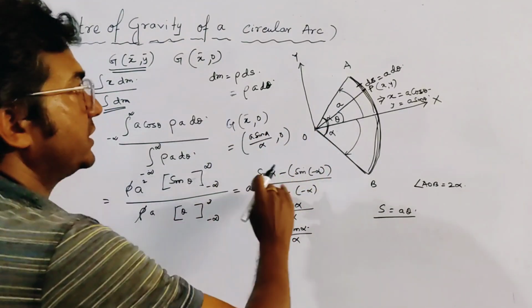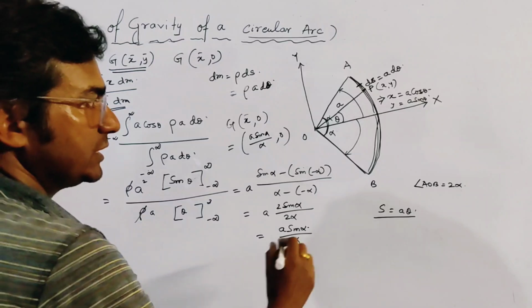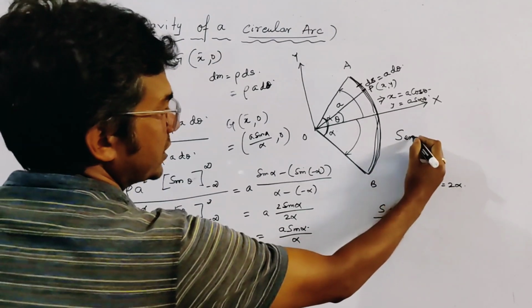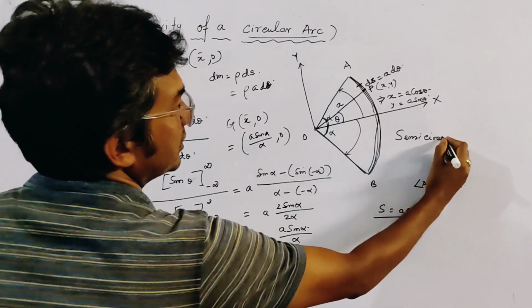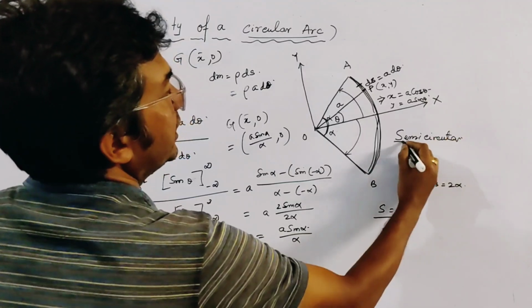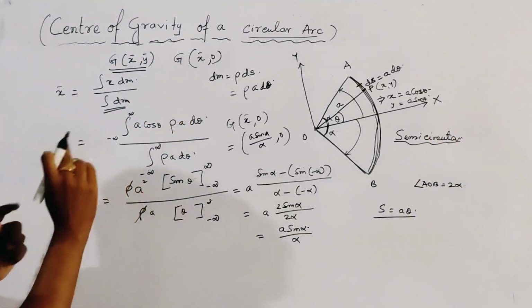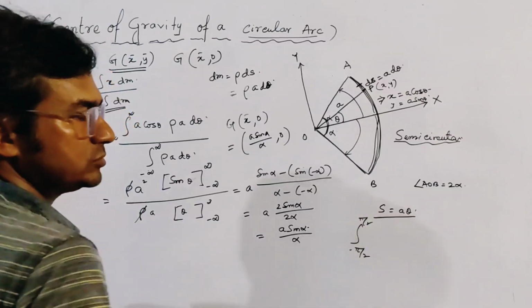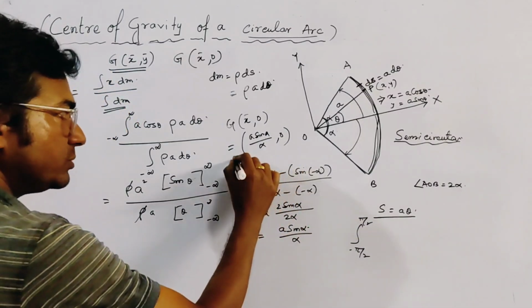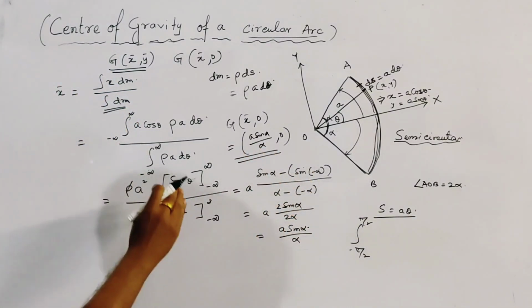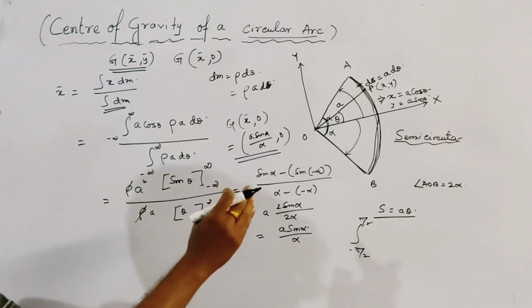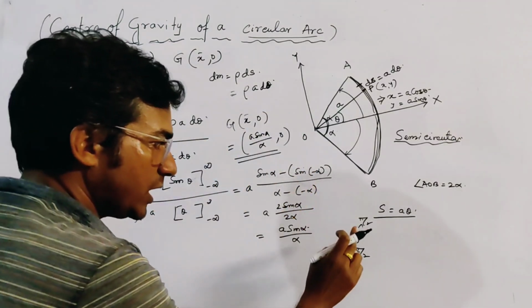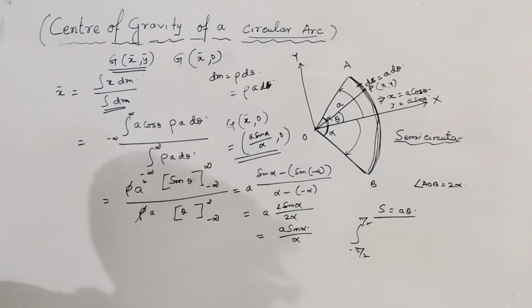If we take this circular arc as a semicircular arc, then our range of integration is minus pi by 2 to pi by 2. So from the result we directly get the coordinate for the semicircular arc by putting alpha equal to pi by 2.